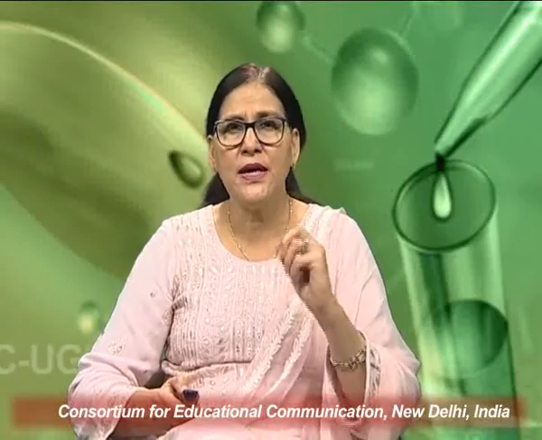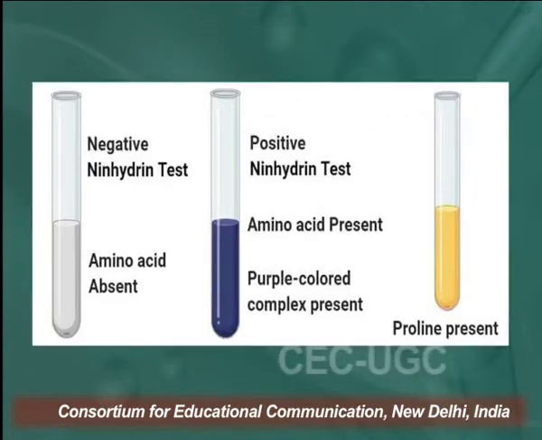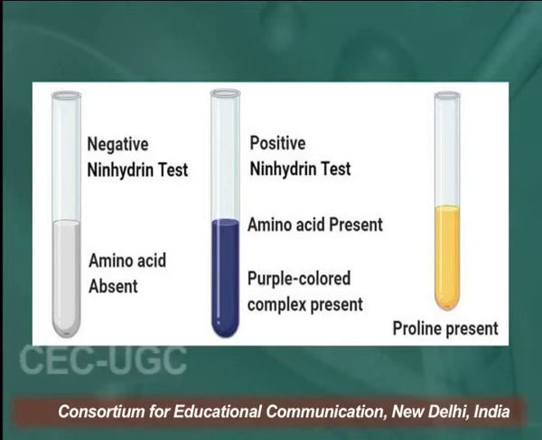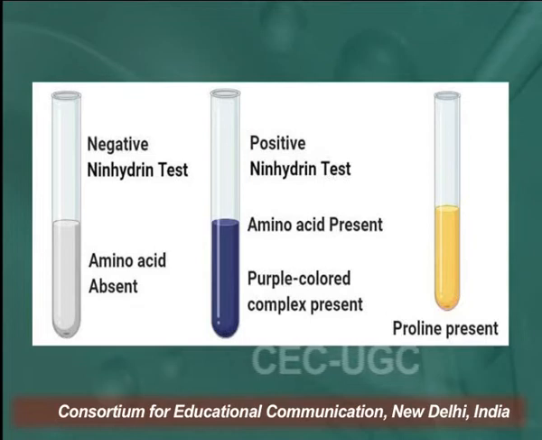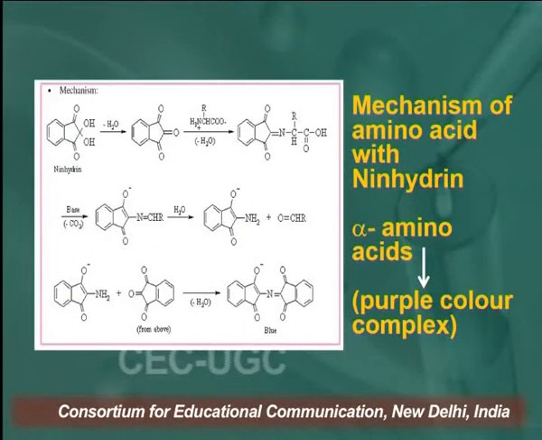Now, this is Ninhydrin, and all the amino acids except proline give the Ninhydrin test with a purple color, because proline has a secondary amino group. It gives a yellow precipitate, a yellow color in the solution, while all the amino acids having an NH2 group give the purple colored complex. So this is the reaction mechanism.